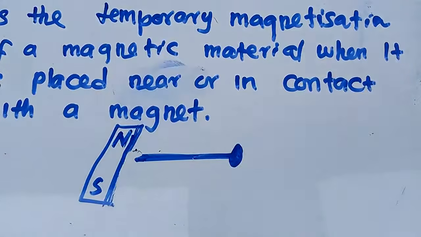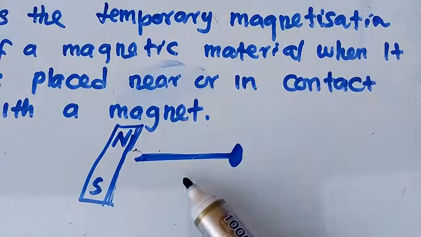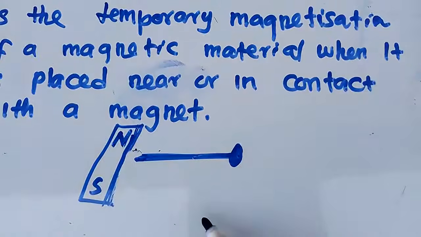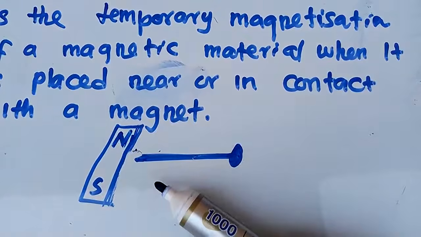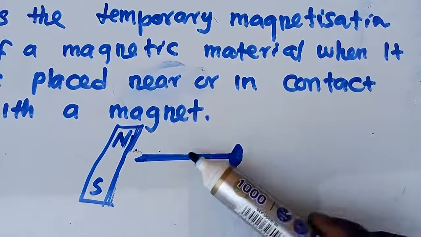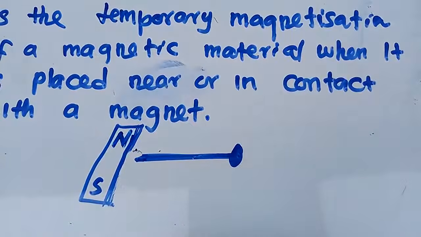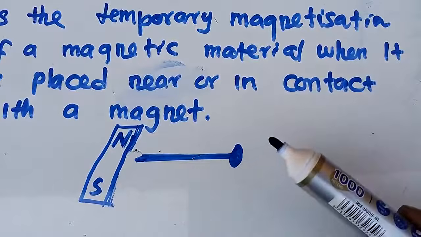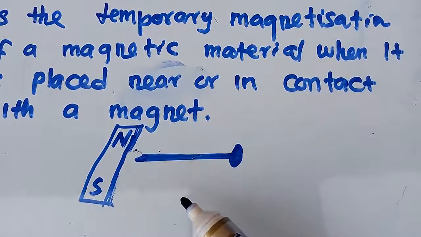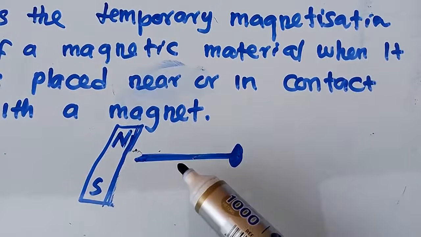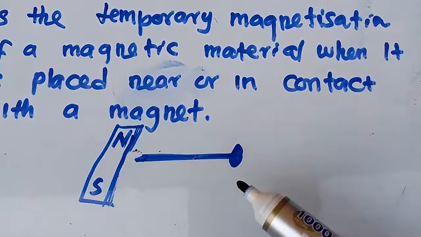So when a nail is brought near a permanent magnet, this nail will become magnetized, which means that it will be able to attract other materials. When it is magnetized, the nail will be able to attract other nails.